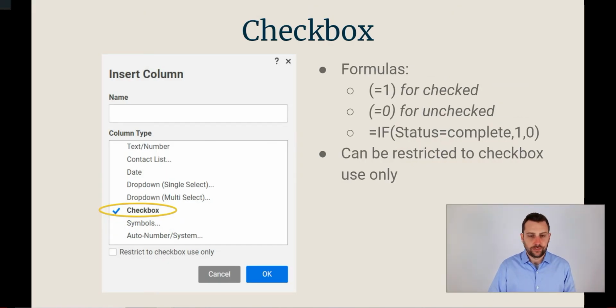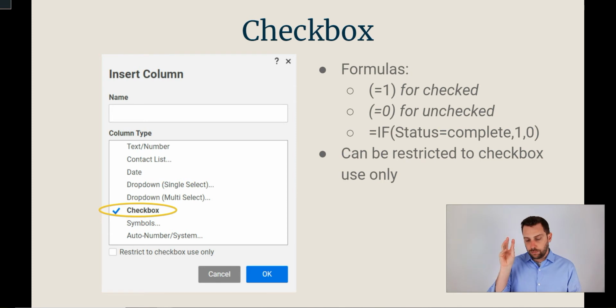All right, checkboxes. If you have a checkbox column, it's very important to remember that when you use a formula in that column, you use a 1 to represent checked and equals 0 if you want it unchecked. For example, I've got one written here. If you had another column that was a status column, and let's say it was a drop down like we just discussed, the statuses were not started, in progress, and complete. And next to it you had a checkbox column that said complete, and you just wanted a check mark if it was done.